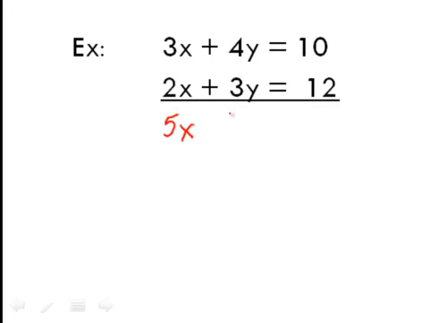If we add 4y's and 3y's together, we get 7y's. And on the other side, if we add 10 and 12 together, we get 22. That equation, 5x plus 7y equals 22, as well as the other equations, all have the same solution, the same pair of numbers that makes it true.